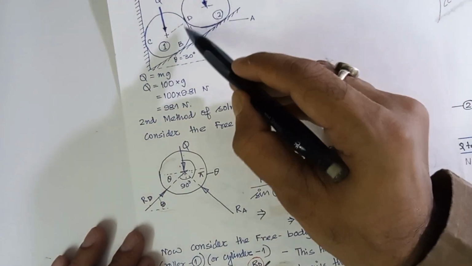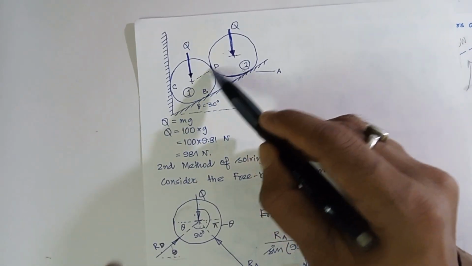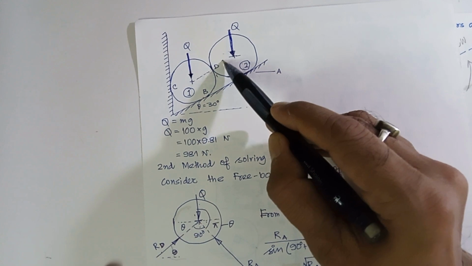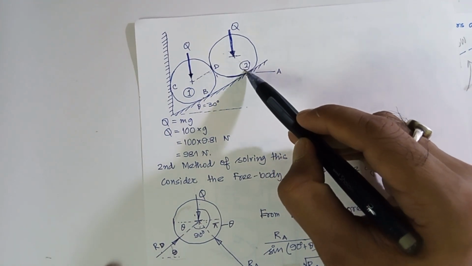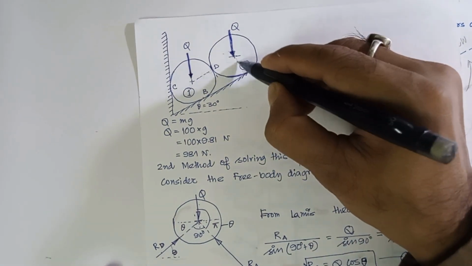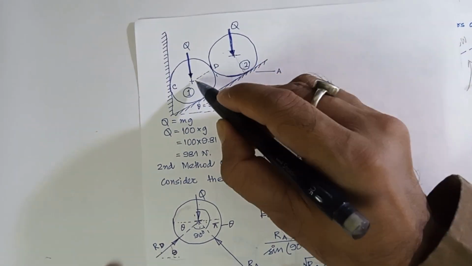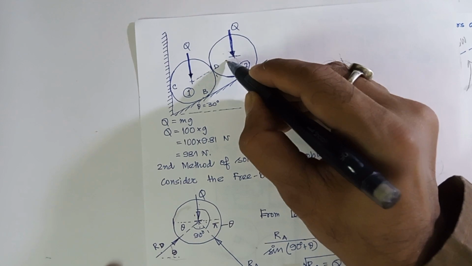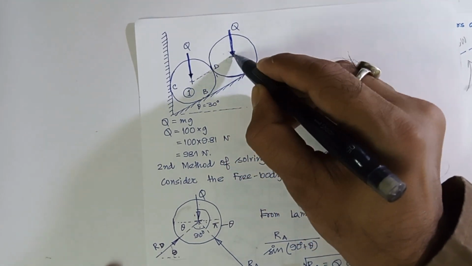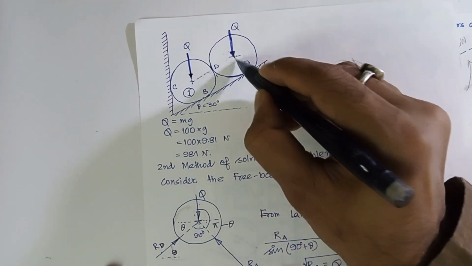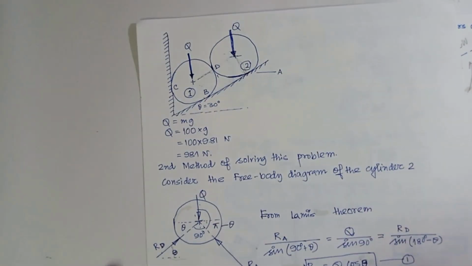RD is where? RD is basically here. So you see that this line and this line, definitely they are perpendicular to each other, because this is an inclined plane, and these are the identical rollers. So this line must be parallel to this, therefore this line must be perpendicular to this.